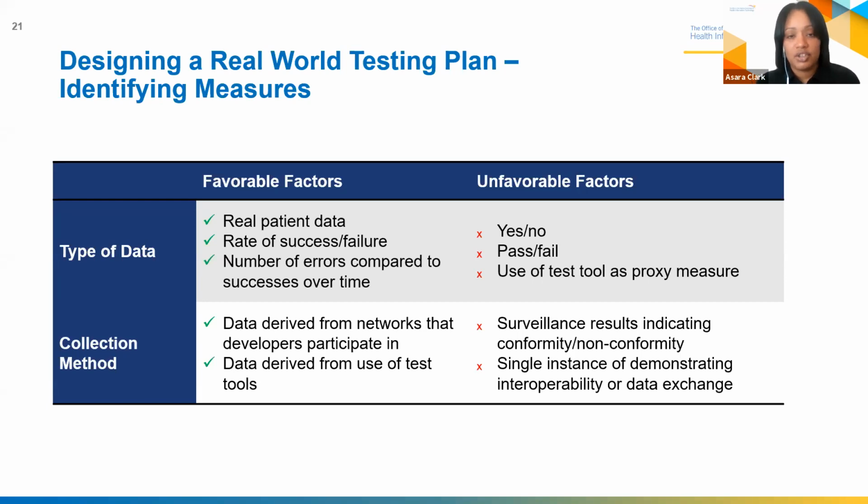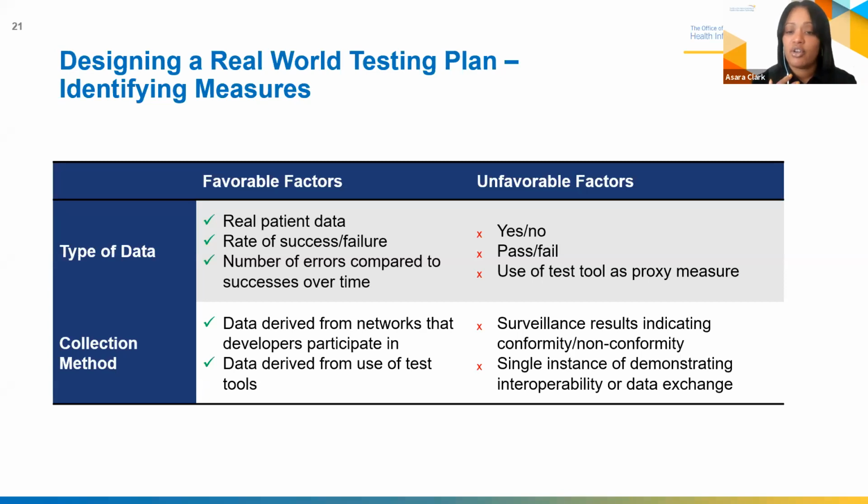And then the collection method, you could consider some favorable factors: data derived from networks that developers participate in, data derived from the use of test tools, okay? So you're extracting that data from there for demonstration. We want to make sure that you understand that you are able to do so, but what you want is just a collection of data over time, okay?